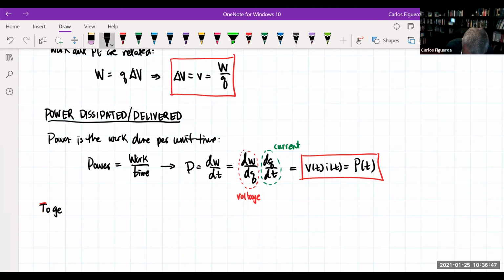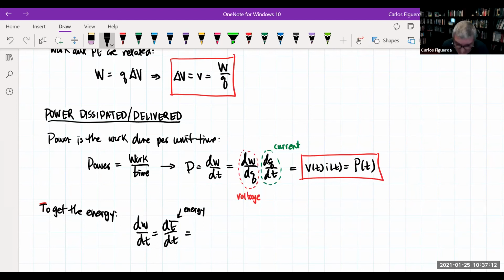To get the energy, we have to integrate this now. So if you look at this, we see that the work is also, from the work energy theorem, energy and work are the same. Remember, this is energy and not the electric field. And this is then going to be equal to the voltage times the current, and this is what power is.